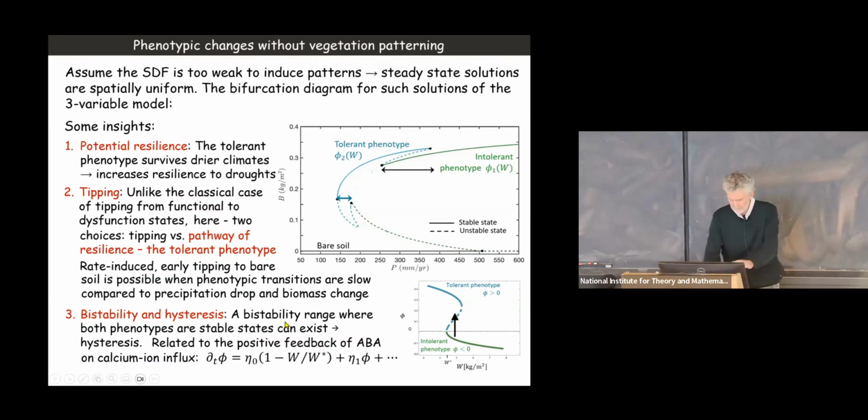You can see from that equation that if W is larger than W star, so we don't have much stress, the intolerant phenotype is stable. If we increase phi sufficiently, we may shift the system to the tolerant phenotype. Then if phi is large enough, it may be bigger in absolute value than the first term, and phi will increase.